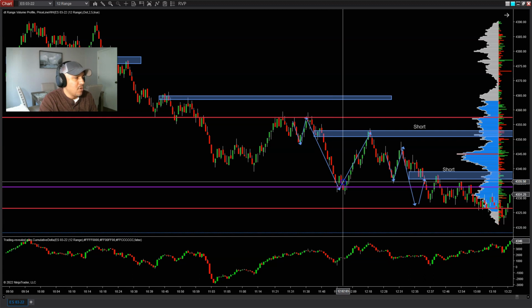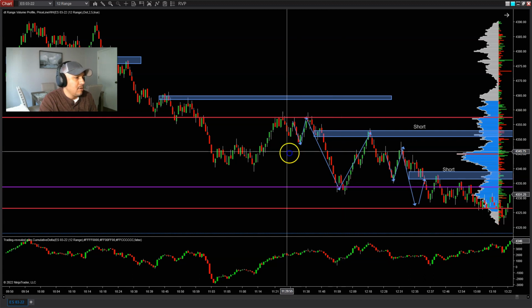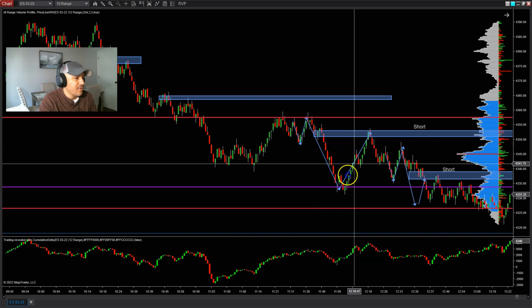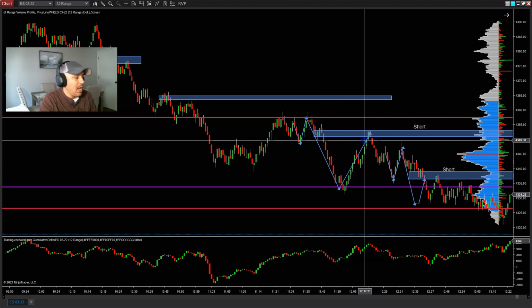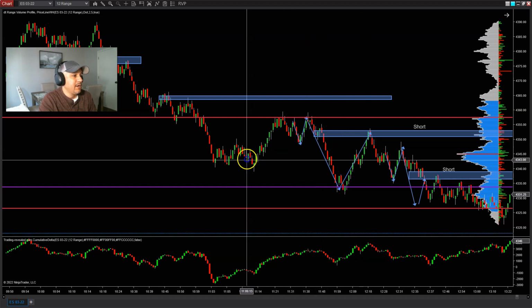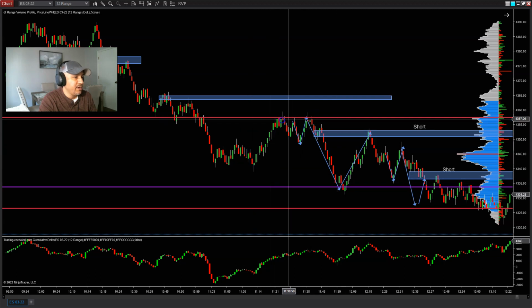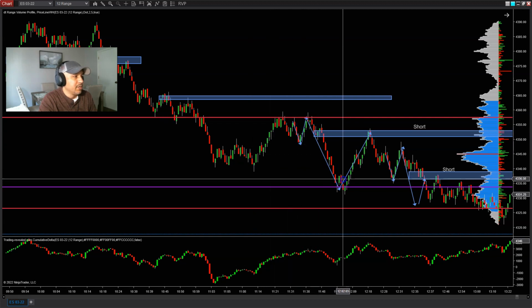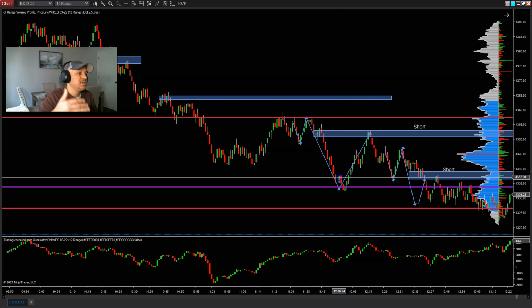I'm looking for a zone where I could take an entry on a pullback, right? I'm not only looking at this big area of resistance and its swing to the downside, but within the area of resistance, where is the supply? Meaning, where does more selling take place within the swing?